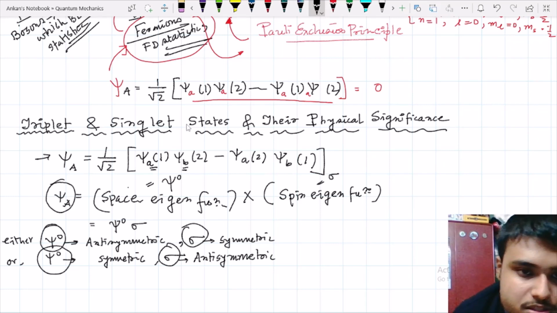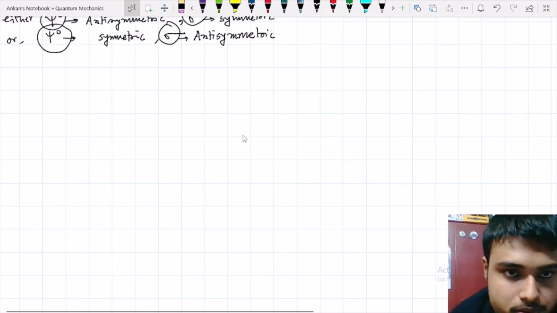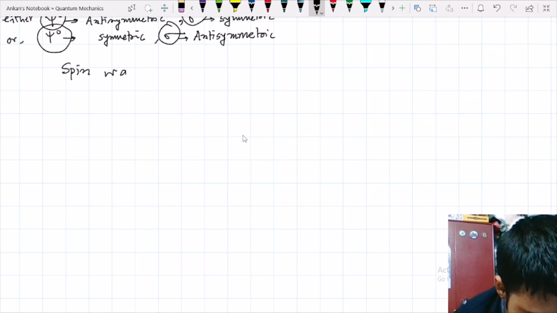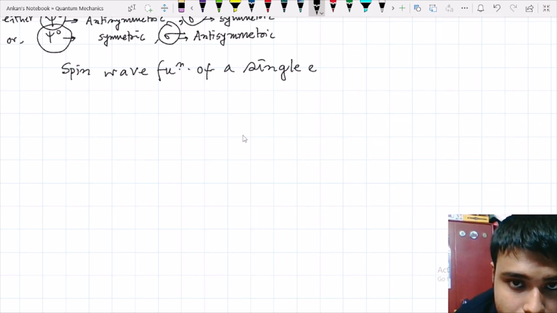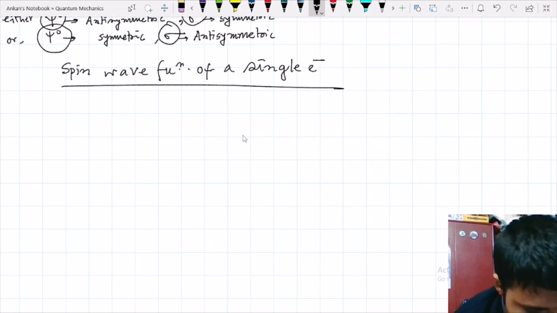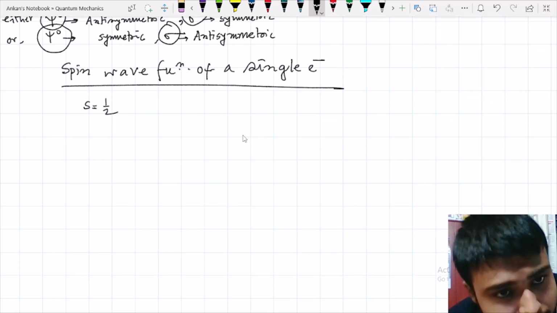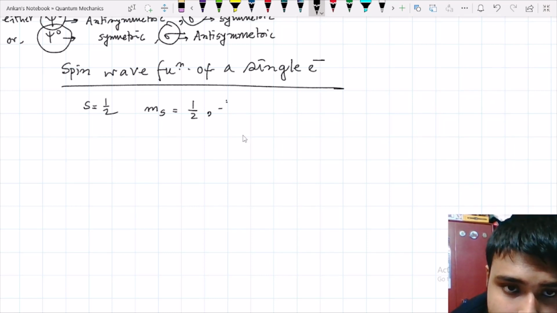Now, spin wave function of a single electron. Since each electron has spin quantum number s equal to half, what will be the values of ms? Half and minus half.